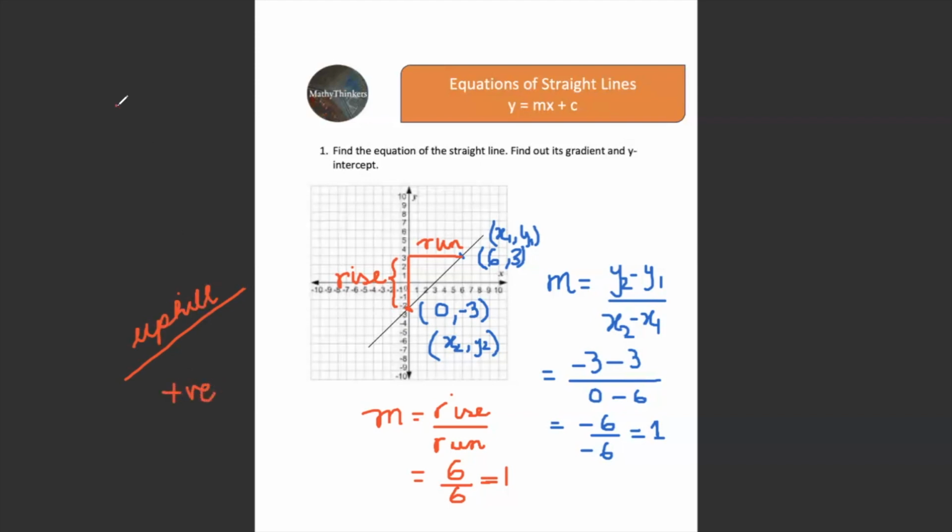And if we are going down the hill, so that's downhill, that's a negative gradient. So please be mindful about these when you are calculating the value of a gradient. But if you follow this method, then accordingly you'll get a positive or a negative value depending on how your graph is.